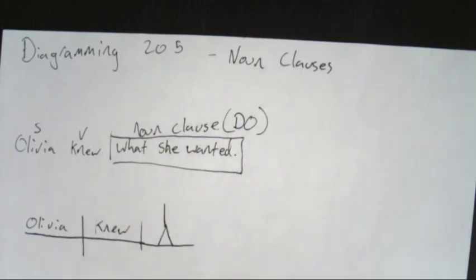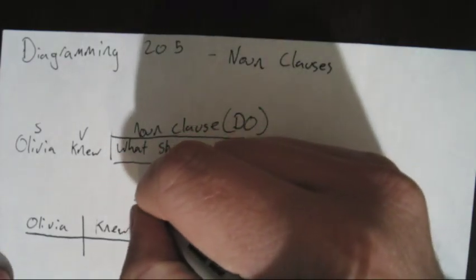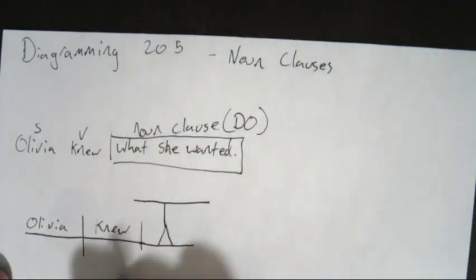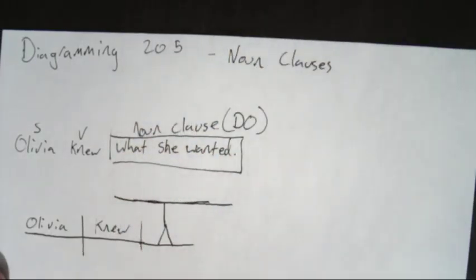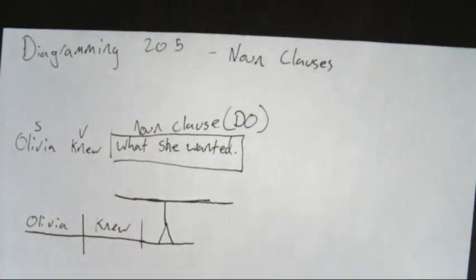It's kind of like in the adjective and adverb clauses. We diagrammed that whole clause separately, and it looked almost like a separate sentence. Well, that's what we're going to do up here. So you can go ahead and draw that line all the way across, and this line is just like this line, okay?